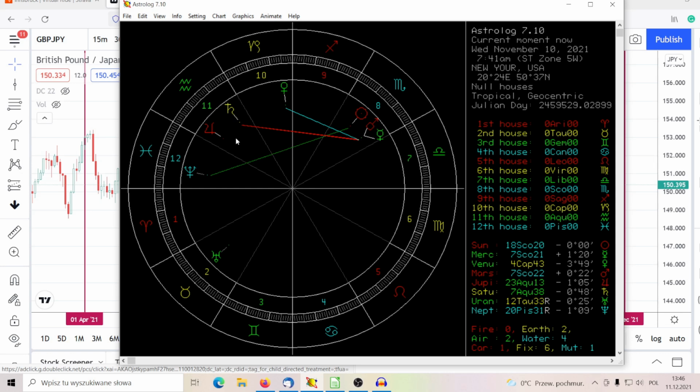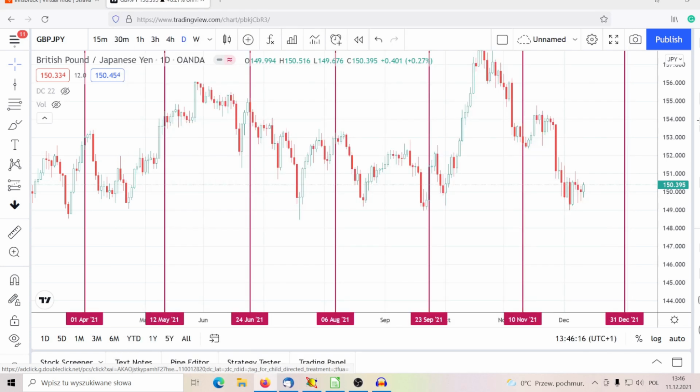This conjunction squared Saturn, so it even strengthened the conjunction. Saturn is a planet associated with changes on the market. So that's the way. Once again, as you see, that date was very likely.